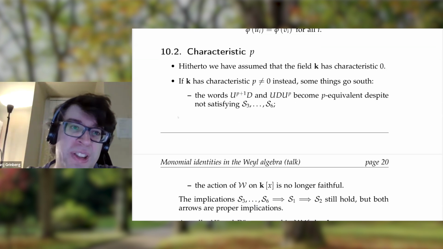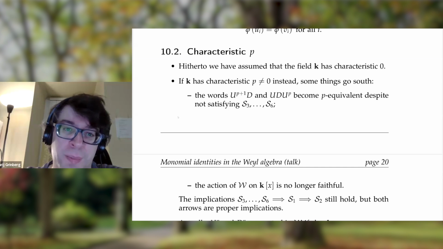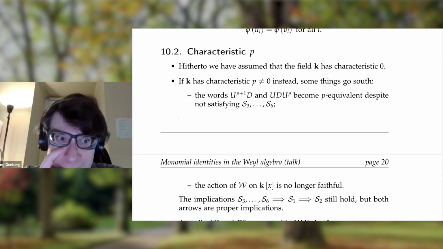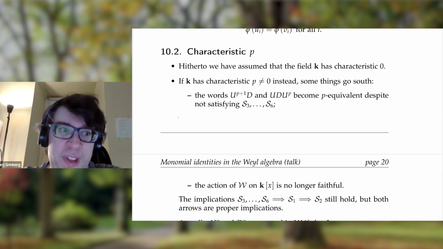Then we can go to characteristic p from characteristic 0, where we have been working before. And that opens a whole new world. In fact, we don't know answers in characteristic p. We have some guesses as to what could get into those answers. Phi equivalence becomes less strict.